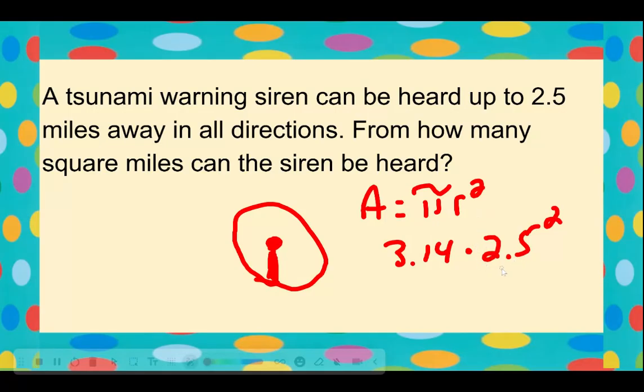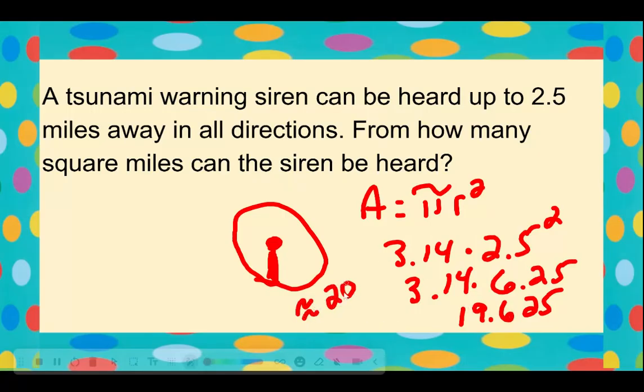Well, 25 times 25 is 625, so 6.25 times 3.14. So that's 6 times 3, so it's about 19. I got 19.625, but it says from how many miles can the siren be heard, so I would say about 20 square miles. Okay, 20 miles squared, that siren can be heard, which can be helpful if there is a tsunami coming.